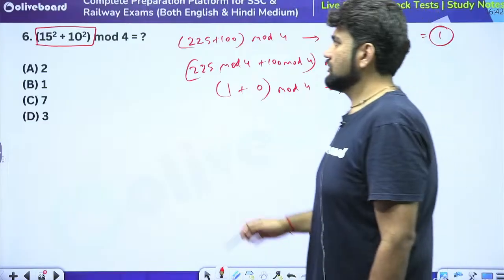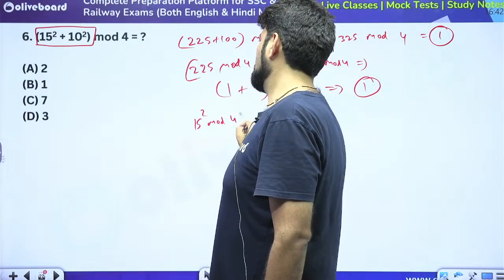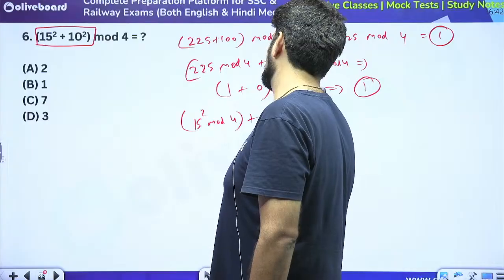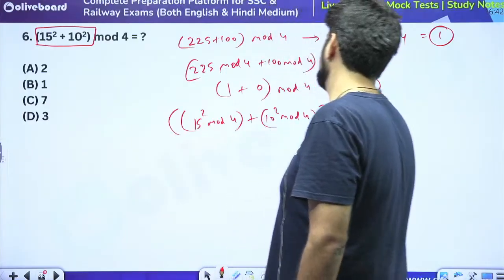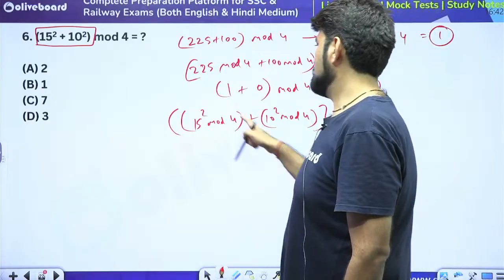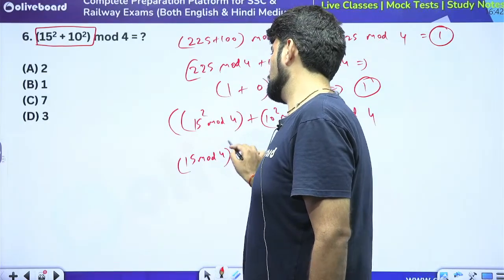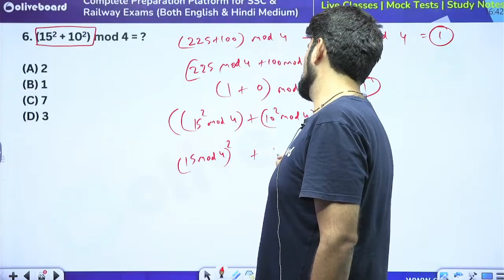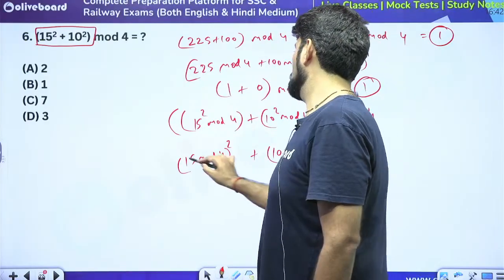What is another method? Another method is, we can do this. 15 square mod 4 plus 10 square mod 4, mod 4. 15 square mod 4 is 15 mod 4 whole square, again mod 4, plus 10 mod 4 whole square mod 4, whole mod 4.